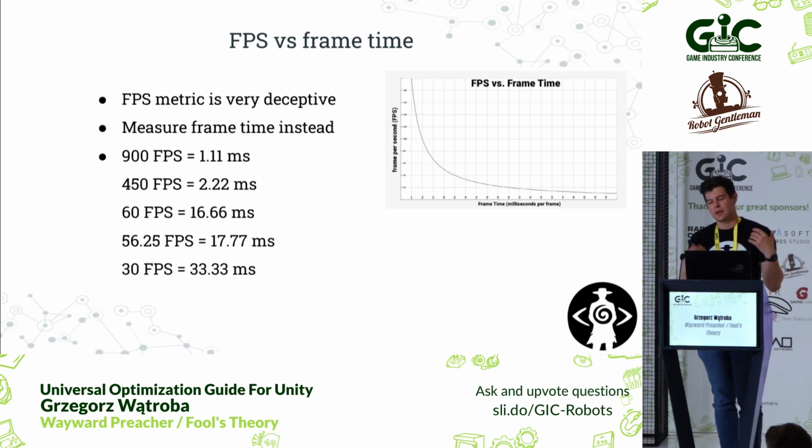If you look at the differences between 60 FPS and 56.25, that translates into 16.66 milliseconds per frame and 17.77 milliseconds per frame, respectively. So this also represents a difference of around 1.11 milliseconds extra per frame.